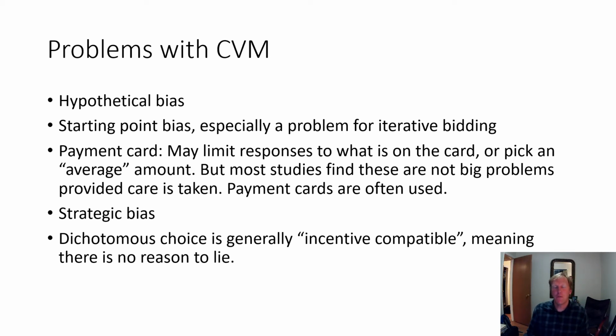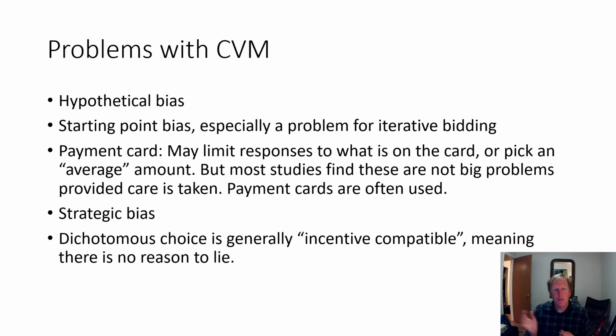I might respond in a way that reflects not necessarily what my value is, but that I really, really want it. Or if I'm really, really against it, I might just say 0. No, this is a stupid idea. I'm not willing to pay anything for this trail system, and that reflects that I don't want it. Even if I value it low, I might go the other direction to influence the outcome.